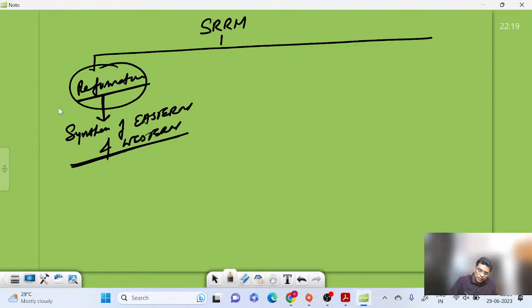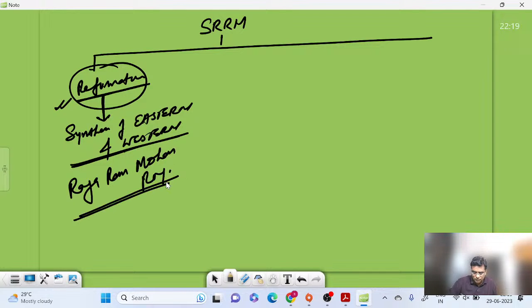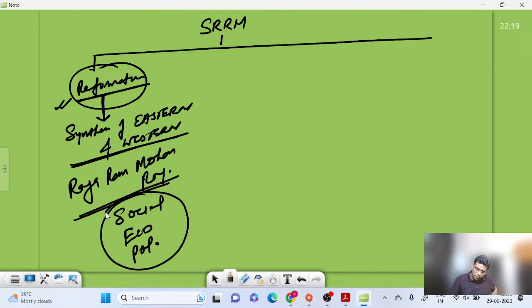Okay. So here we can say that Raja Ram Mohan Rai, through his social reform, economic reform and political reform, generated various types of nationalism.